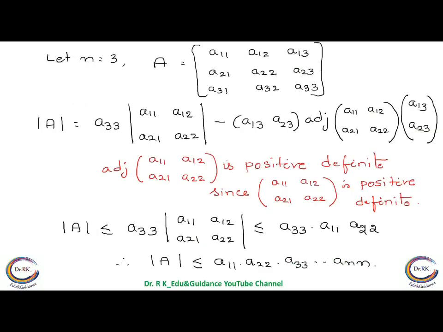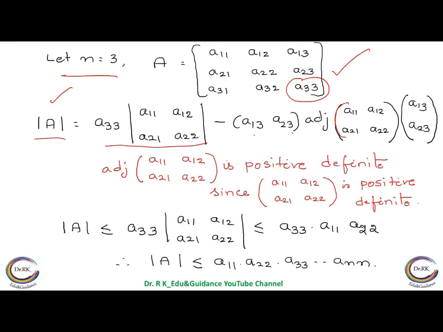Similarly, if we take n equal to 3, then matrix A here, and if we take det of A, I think we know how to find the det of A. Here we'll use a simple approach: a33 into its minor or cofactor, the matrix with rows a11 a12 and a21 a22, minus a13, a23 into the adjoint of the matrix with a12, a21, a22, into a13, a23.